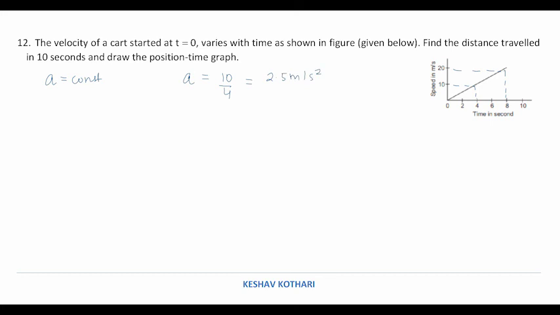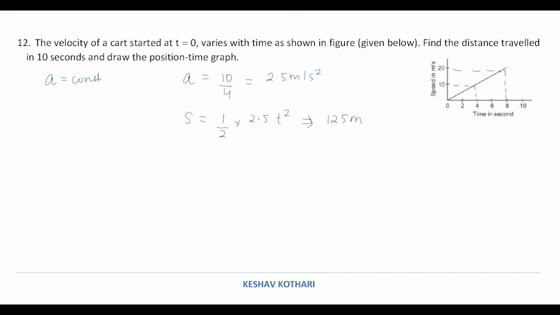Since it is accelerated motion starting from rest, we can write displacement as half at square, so 2.5 into t square over 2. Now the question asks us to calculate the displacement till the time of 10 seconds, that is 2.5 into 100 divided by 2, that is 250 divided by 2, which equals 125 meter.